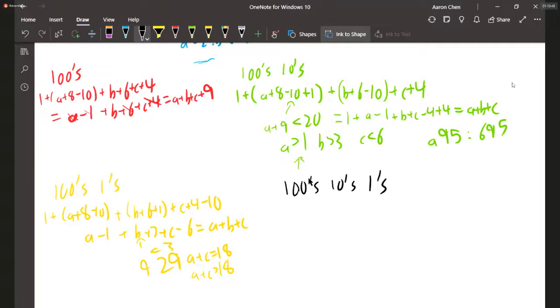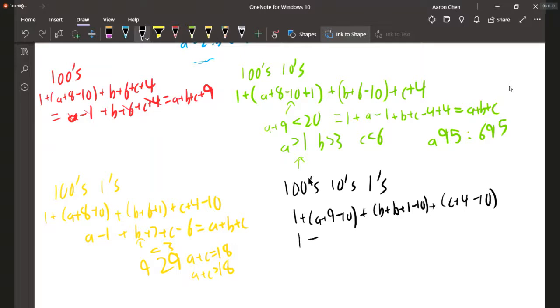And so in this case, it would be 1 plus a plus 9 minus 10 plus b plus 6 plus 1 minus 10 plus c plus 4 minus 10.